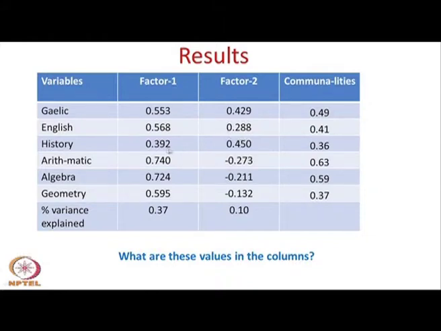For history again an almost equal pattern. For arithmetic, yes, there is a higher loading for factor 1, and compared to 0.74, 0.27 is less, but none of the loadings here are 0. In that sense, none of the variables are unloaded on the 2 factors considered.